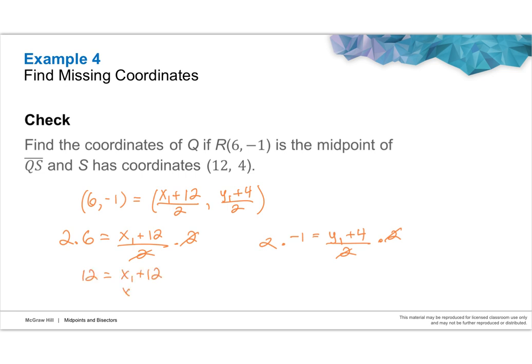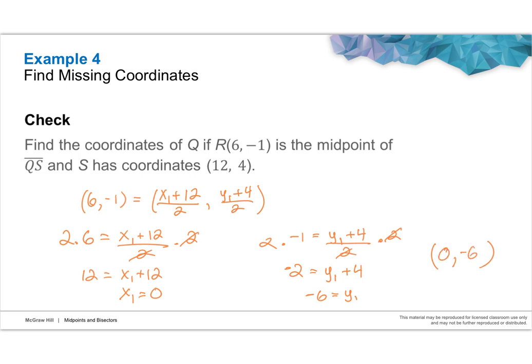So in this particular case, x1 is 0, and for y1 over here, when we multiply by 2, we get that. And when we subtract our 4, we get, so our point for the coordinates of Q, which is the other endpoint, is 0, -6.